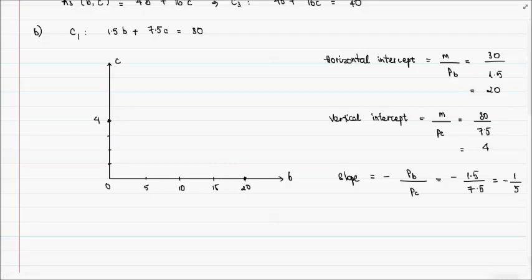If I just use a straight line to connect these two points together, then I will get a budget constraint line. So this is the line with the budget constraint C1. The budget set is basically anything inside or below the budget constraint.